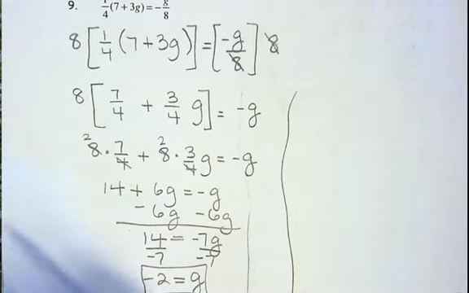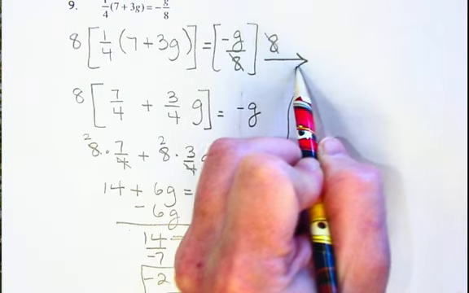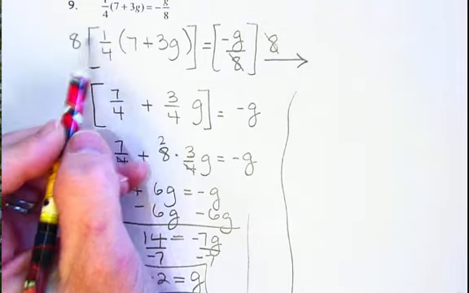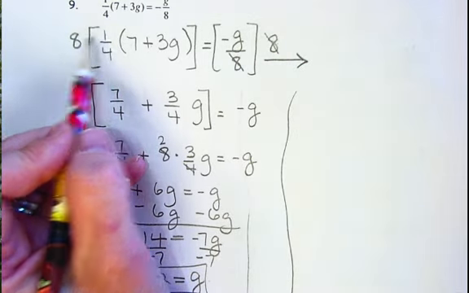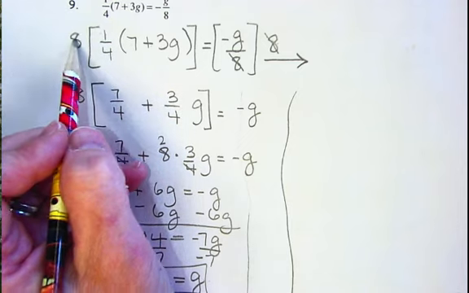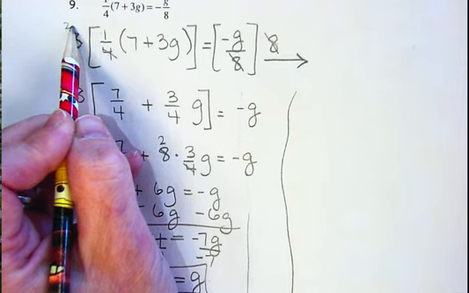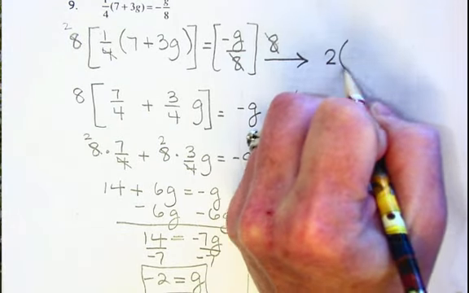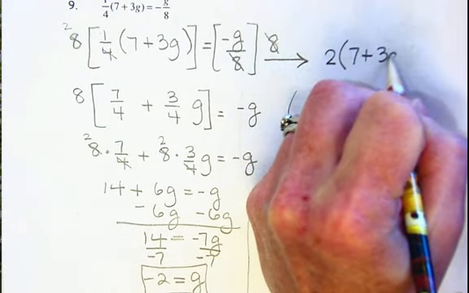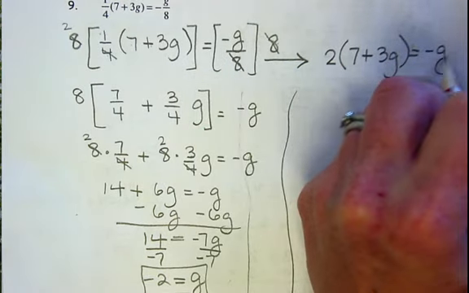Okay, now, before I said that there was another way to have done this, and I'm going to put that right over here. What if I had just said 8 times 1/4? Let's see what happens. If I did 8 times 1/4, that would make this a 2. 7 plus 3g equals, this would still be negative g.